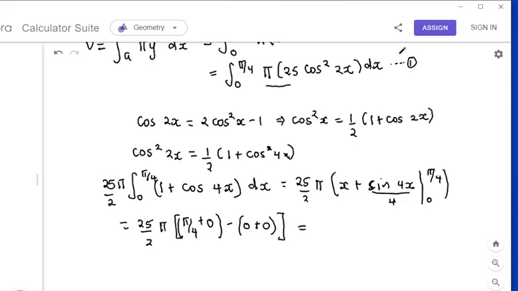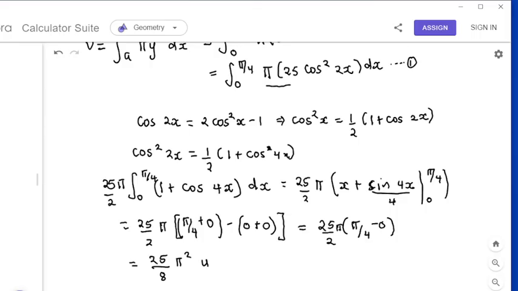So this leads me to 25 over 2 pi into pi over 4 minus 0, which is simply 25 over 8 pi squared.